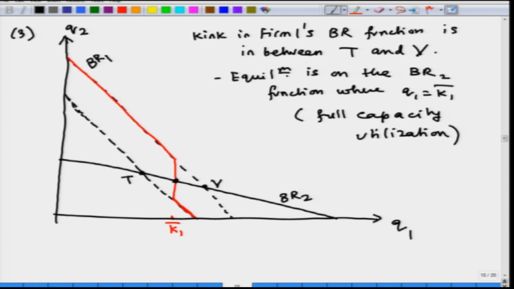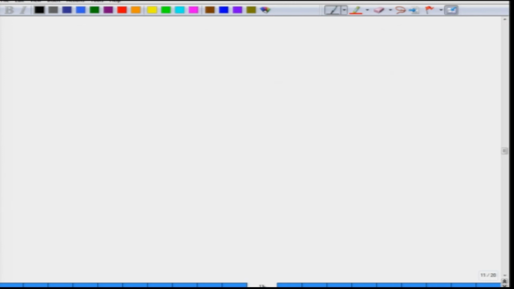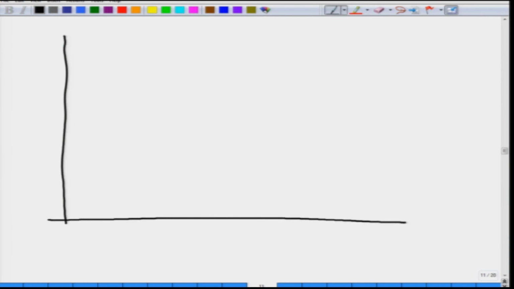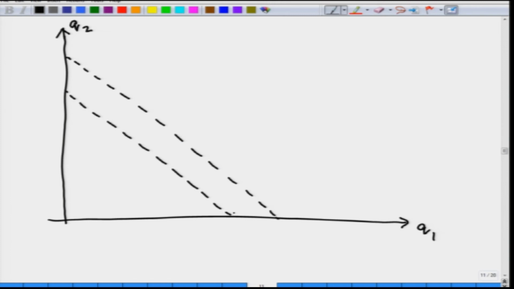So, if we were to capture all of these three things in the same setting, we would have a scenario wherein the Cournot outcome in stage 2 will be somewhere between T and V. So, this is firm 1's best response function, and if we have firm 2's best response function, the outcome is going to be somewhere between T and V, right.